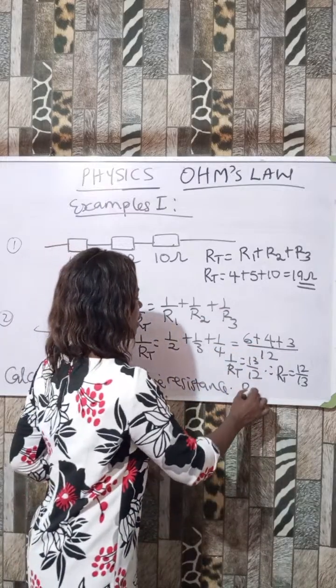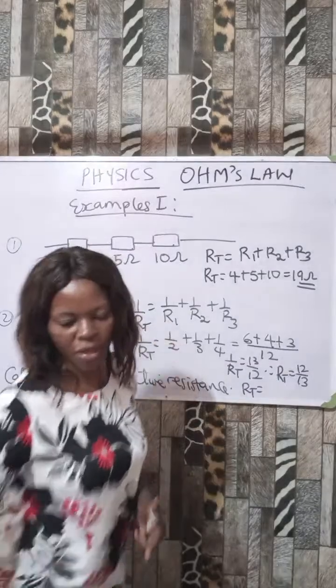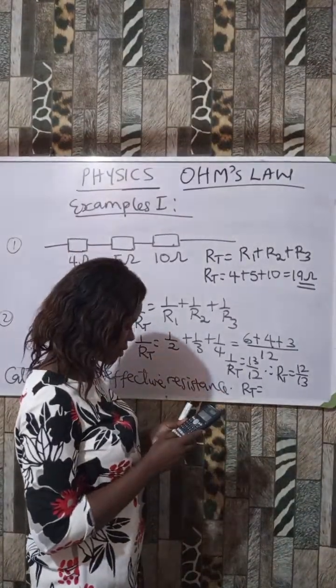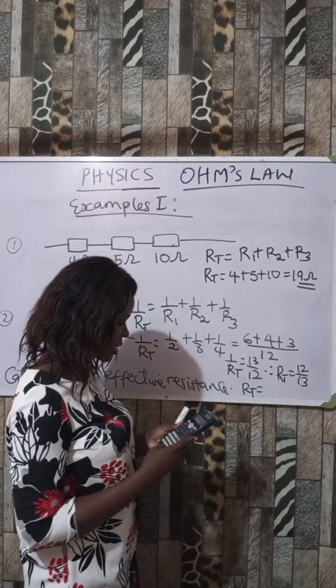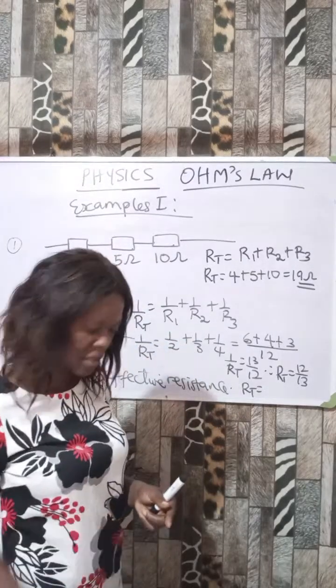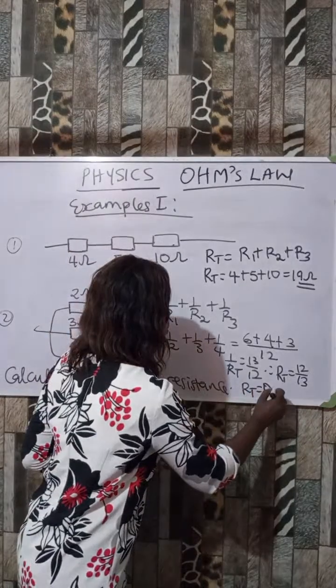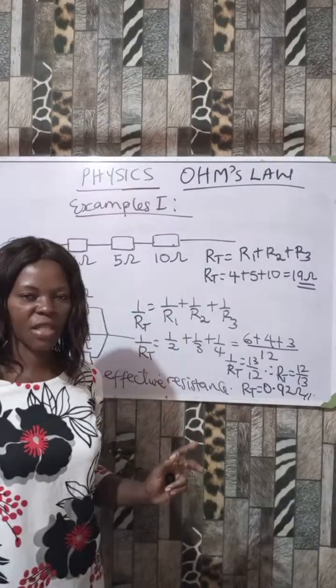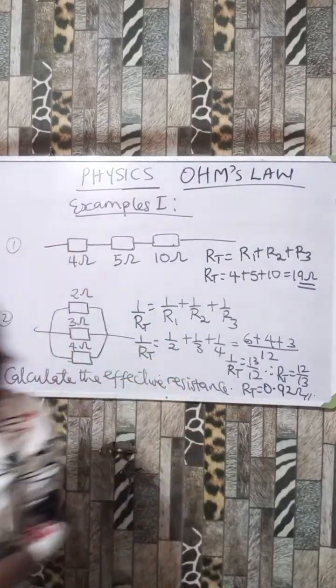So my R total is equal to, you can use your calculator to find out, 12 divided by 13. My answer is 0.92 ohms. Do you understand what I just did? All right, put it down, please.